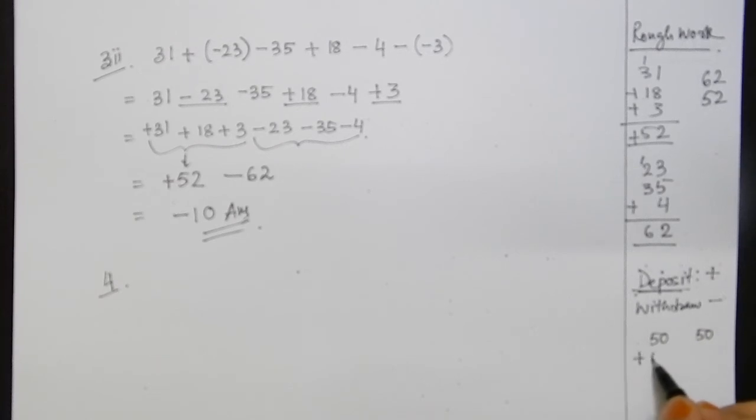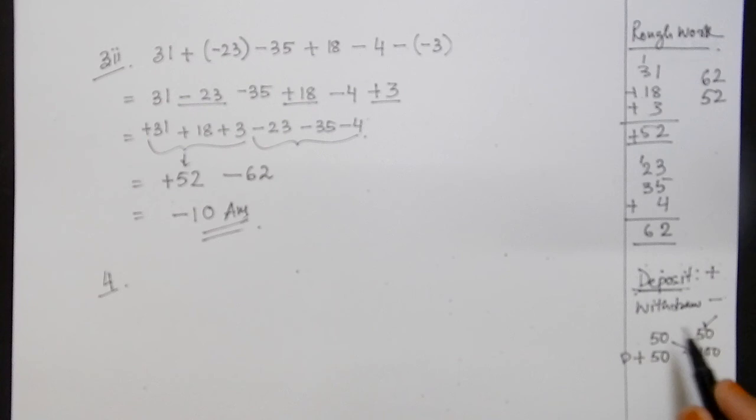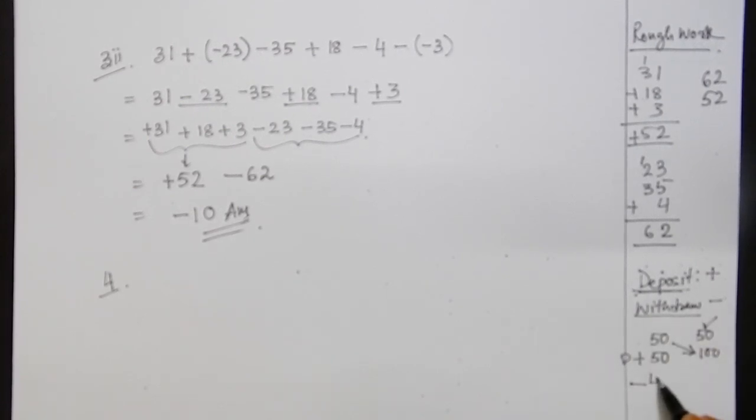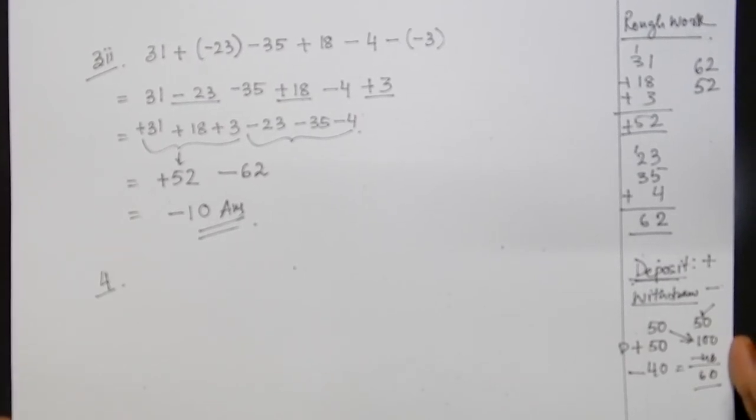Again, if you deposit another 50 rupees, now how much money will be there in your purse? Your balance plus the new deposit. These are all deposits, so that will be 50 plus 50, 100. Now if you take away 40 rupees from your purse, withdraw means take away. So if you withdraw, it means minus 40 rupees, then it will be 100 minus 40, 60 rupees. So same thing over here. Deposit means plus and withdraw means minus.